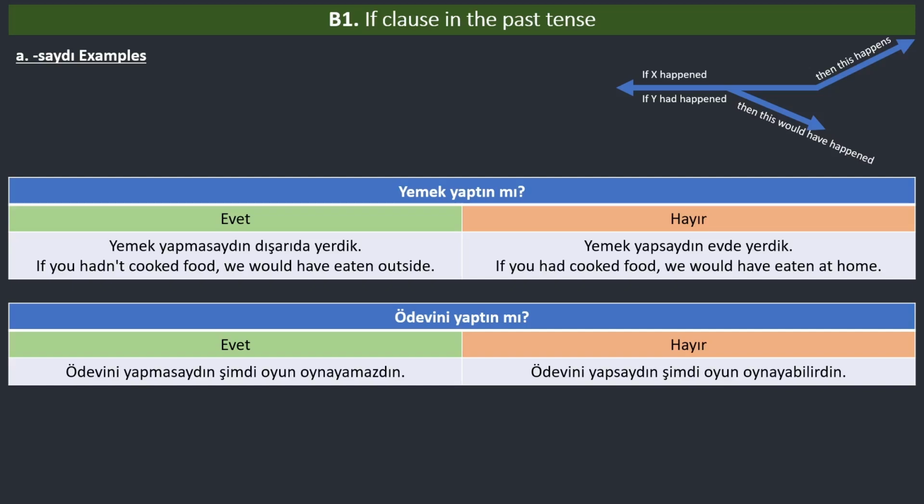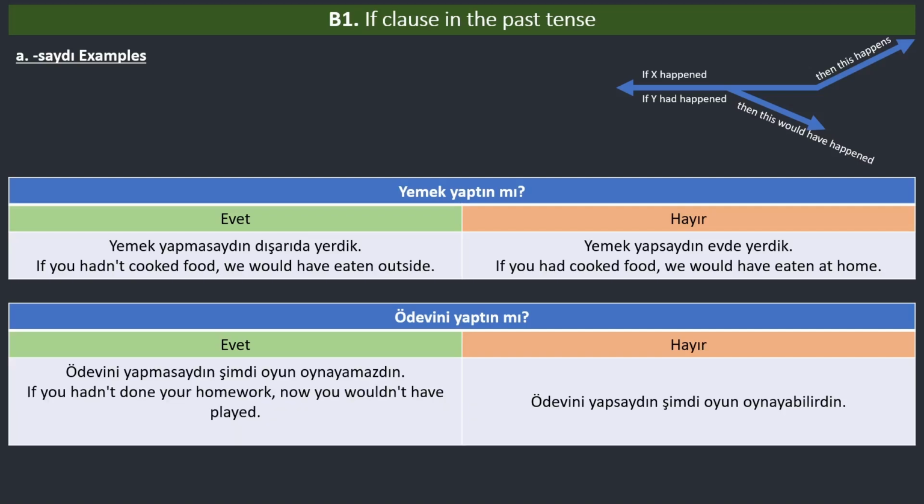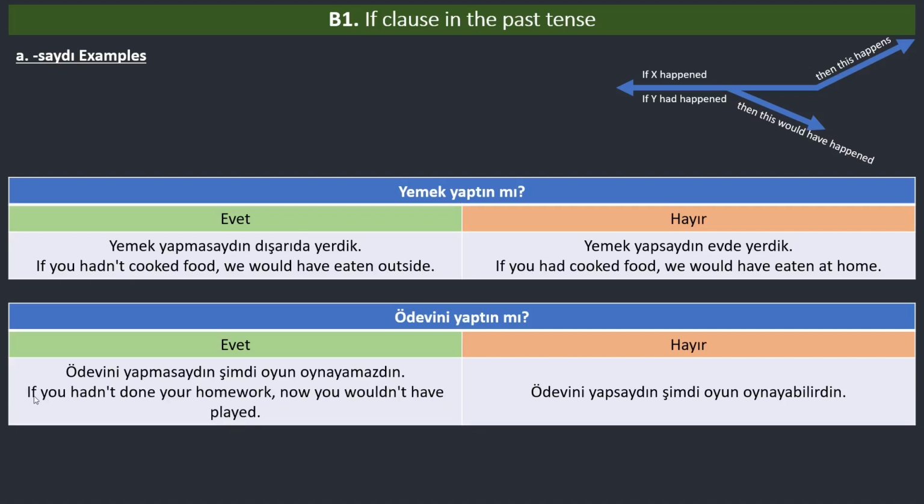If you hadn't done your homework, now you wouldn't have played. Good to be confirmed. Correct. The unreal past, like if something had happened, something else would have happened, but it didn't happen. So the current situation didn't go that way.